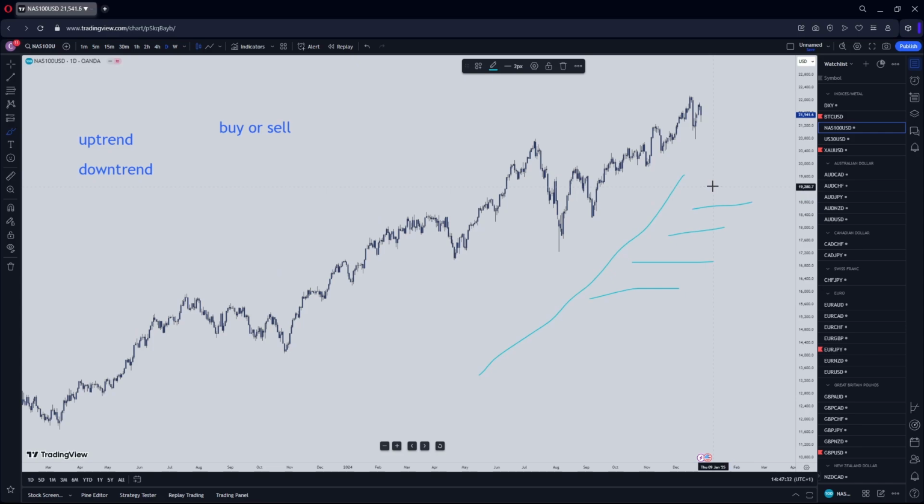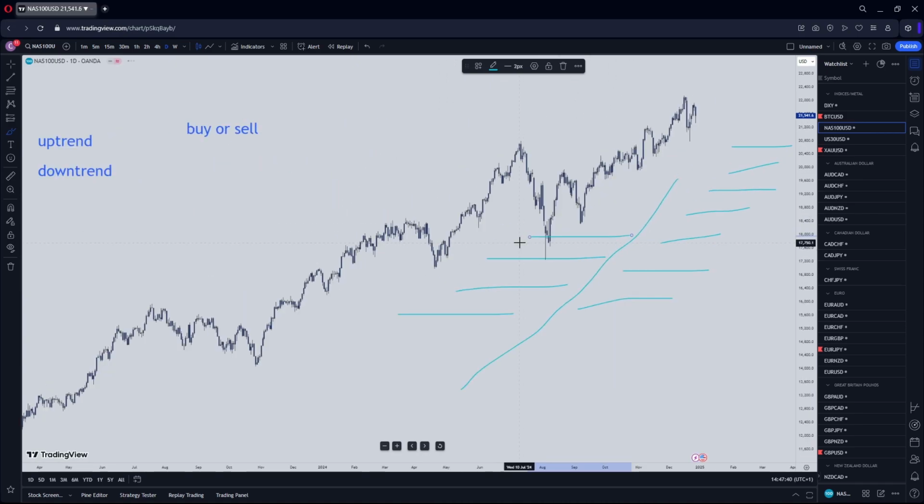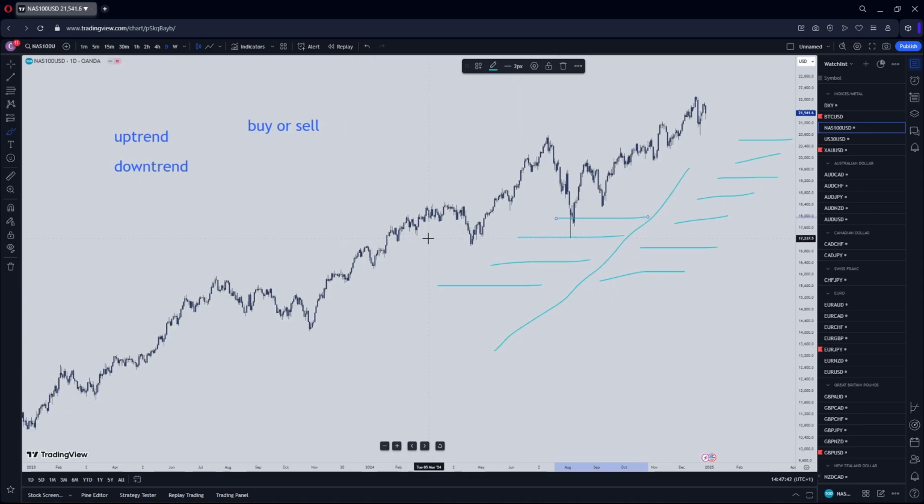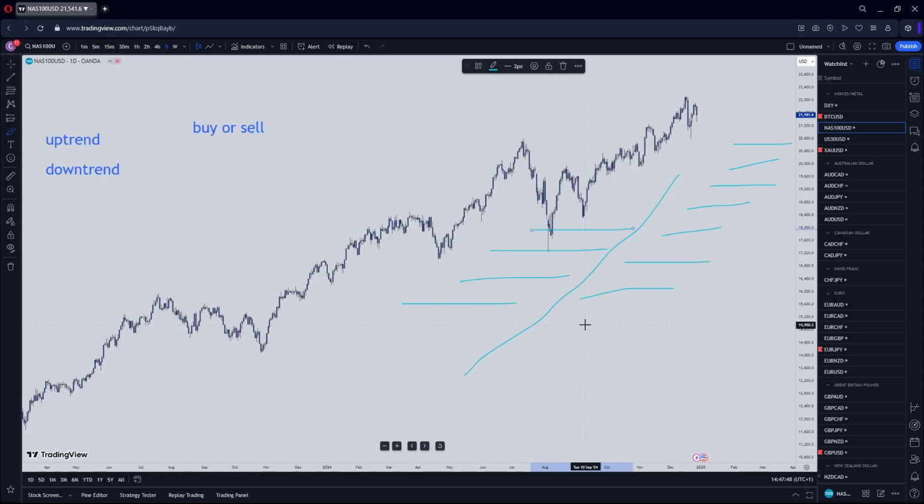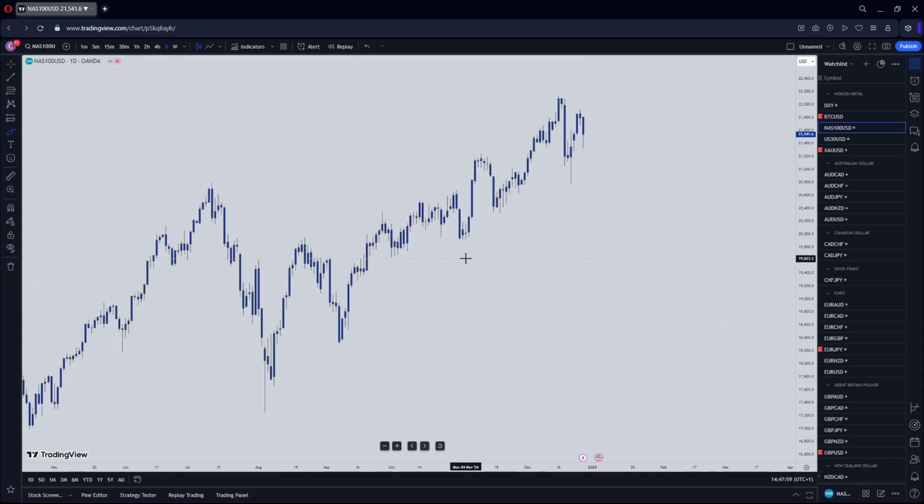It's continuously climbing. When you say downtrend, the market is no longer climbing, rather it is selling. It is going like this, making lows, lows, lows, lows, lows. Everything will be clear as we proceed.